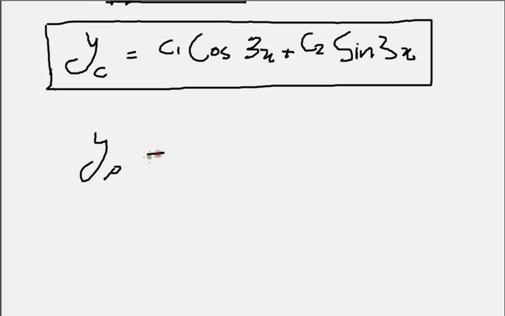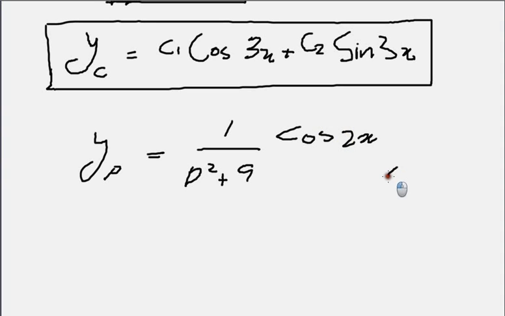Yp equals to 1 over our f of D was D square plus 9. Our f of x was cos 2x. So replacing D square by negative of square of a, where a equals to 2. So negative of a square would be -4.